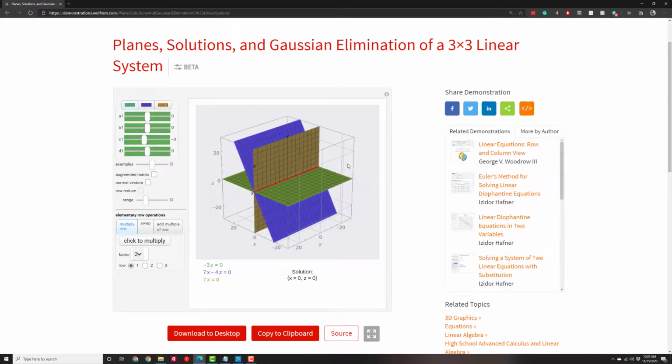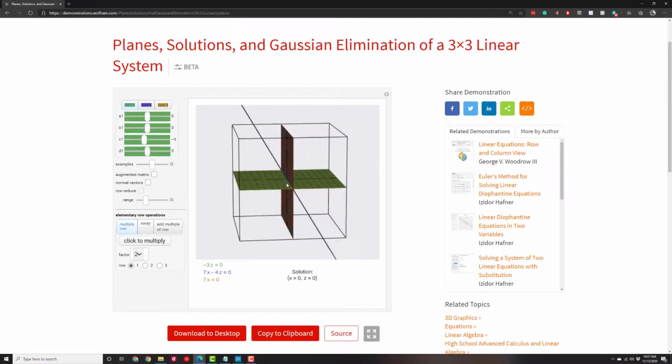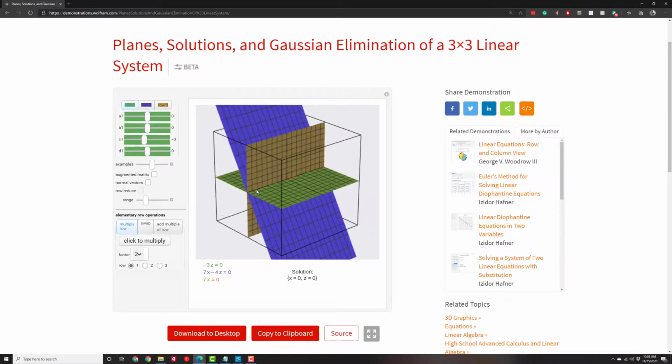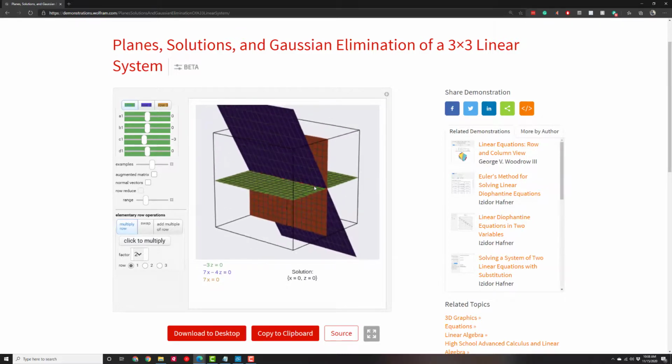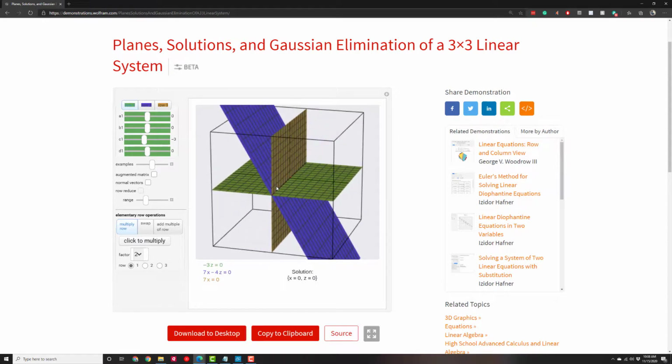Every point along this line they meet. There's an infinite number of spots where these 3 planes meet. So while this system of equations is totally consistent, it absolutely is, it is a consistent system of dependent equations. So we would call this system dependent. It's a consistent dependent system.